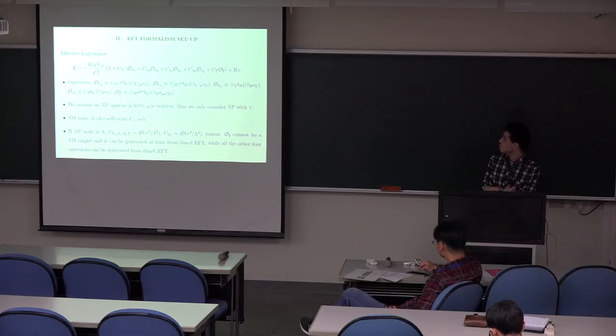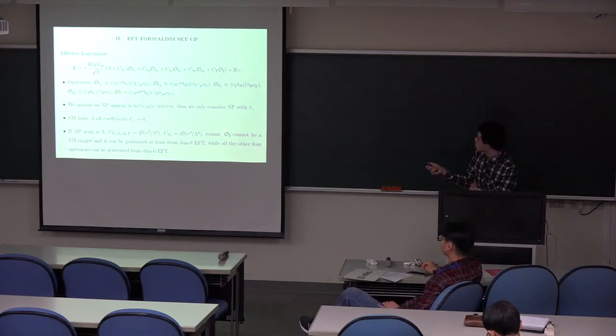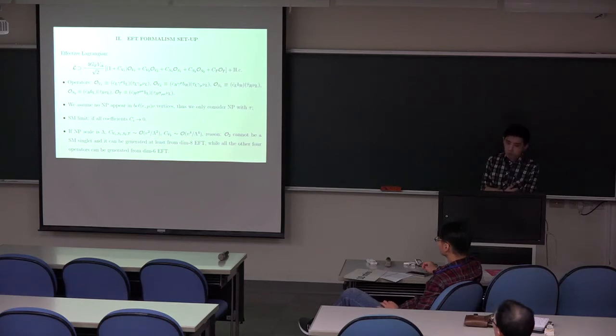Now let's turn to the effective formalism. This is the Lagrangian with the operators listed here, the vector type, scalar type and the tensor type. We assume new physics appears only in the b to c tau nu interaction, because for e and mu, the lepton universality is very good.